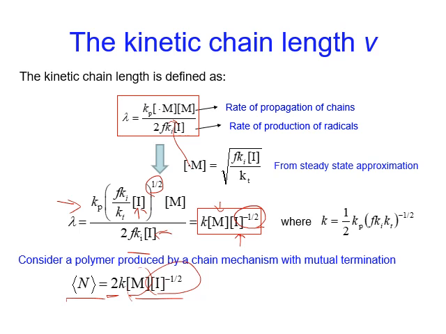So if you want to make a longer chain, you don't want too many initiators. A smaller amount is good to make a longer chain length. You still need an initiator to initiate the reaction, but the more initiator you have, the smaller the final chain length.